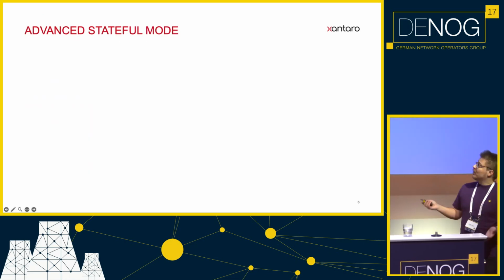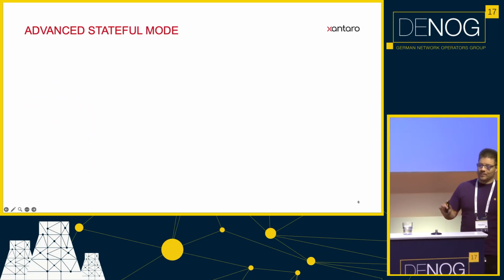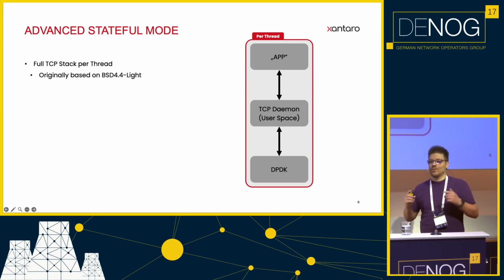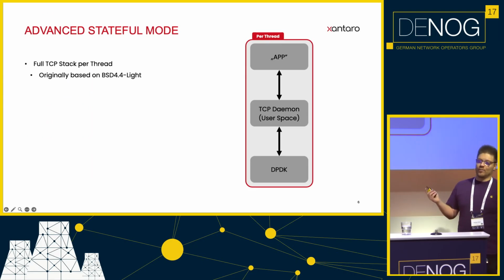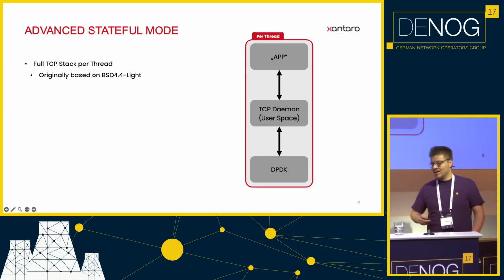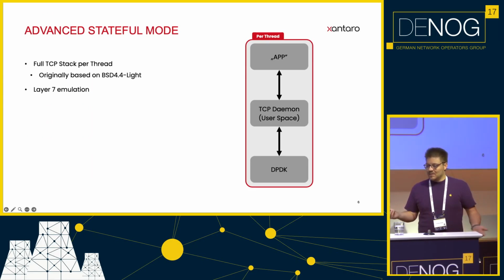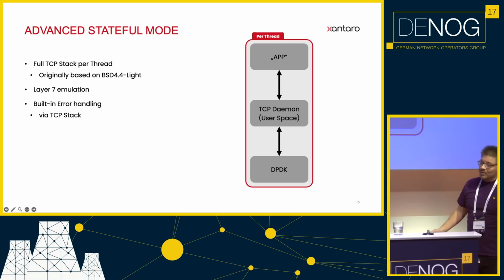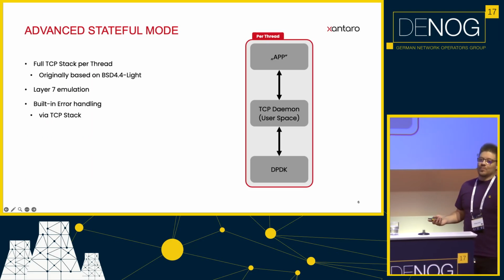Okay, quick run through about how the advanced stateful mode works. You have a full TCP stack per thread that you assign to a source and destination port pair. This is based on BSD 4.4 Lite. It's now been modified quite a bit, but this enables you to emulate layer 7 data and have all the built-in error handling that a TCP stack provides.